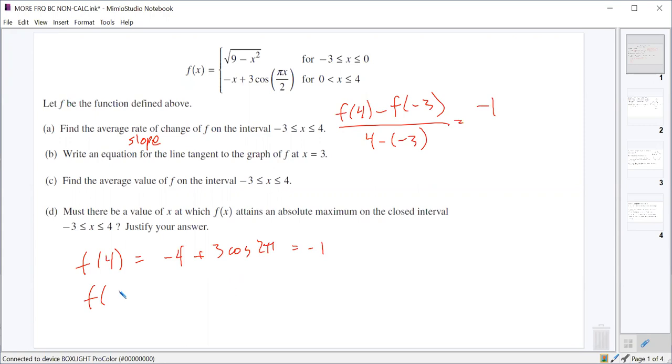And then f of -3 ought to be the square root of 9 minus 9, so that ought to just be 0. So -1 minus 0 over 7, which is -1/7. And that's it for part A.